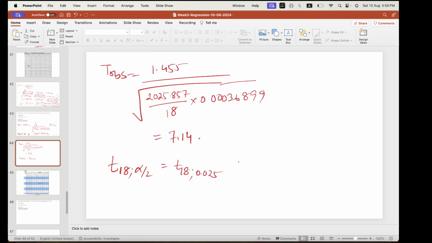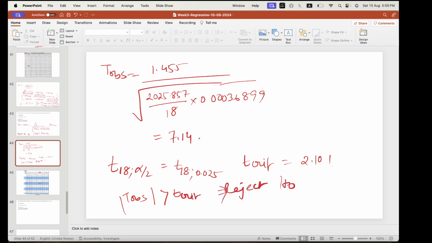So t critical in our case is 2.101, and we find that our t observed modulus is greater than t critical. Therefore we reject H naught and conclude that x1, or target population, is significant.